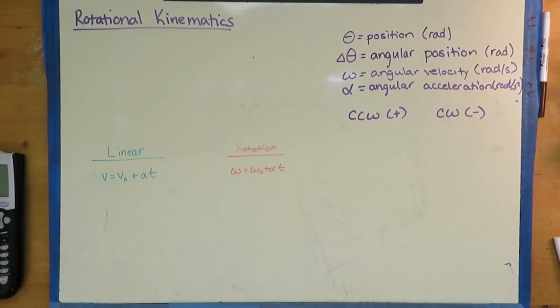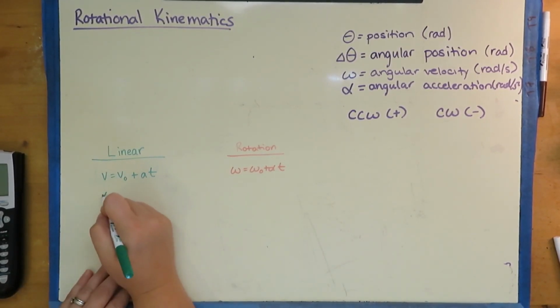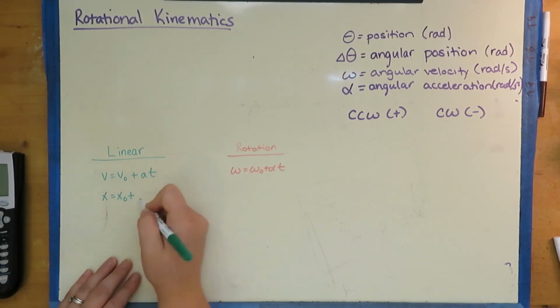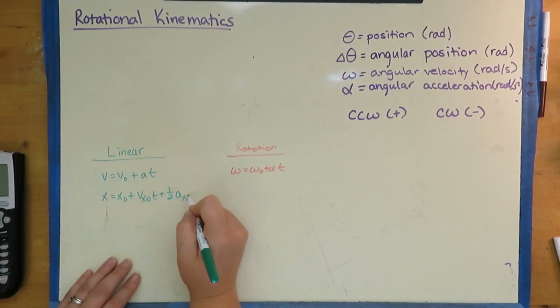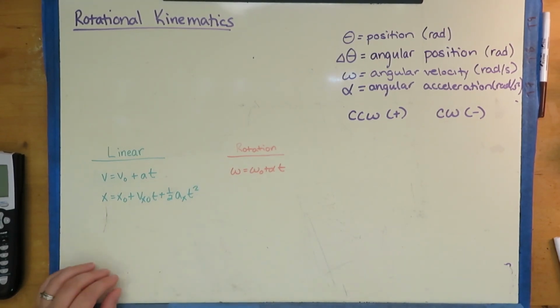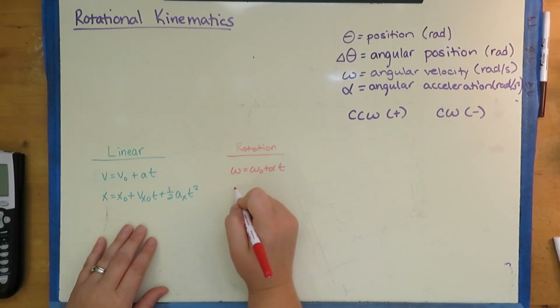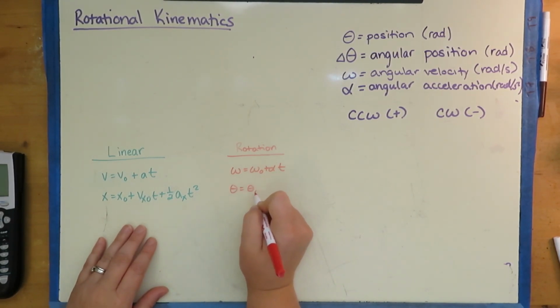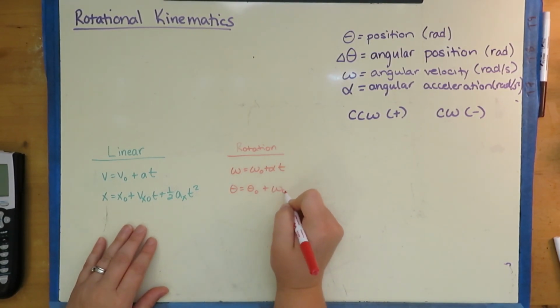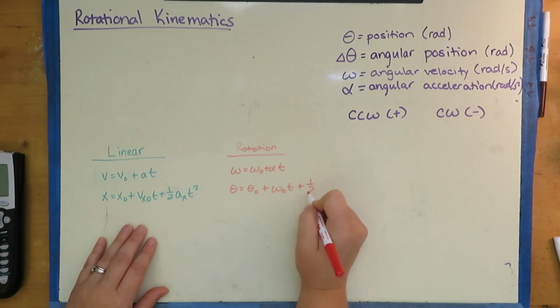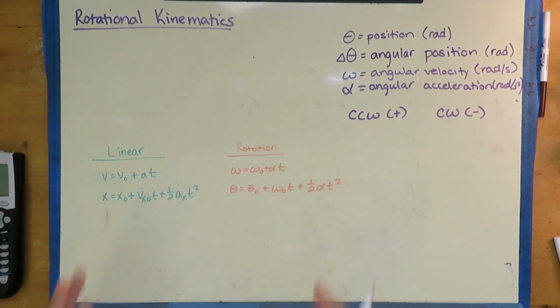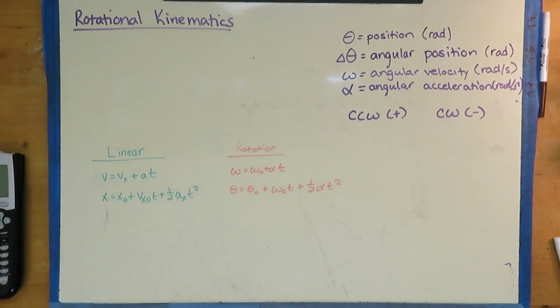The second linear equation on the formula sheet is x equals x0 plus v0x t plus 1/2 a_x t squared. And what do you know? When you rewrite this in rotation, it is theta equals theta 0 plus omega 0 t plus 1/2 alpha t squared. Ta-da! What's amazing is they actually put those two equations on the formula sheet for you.